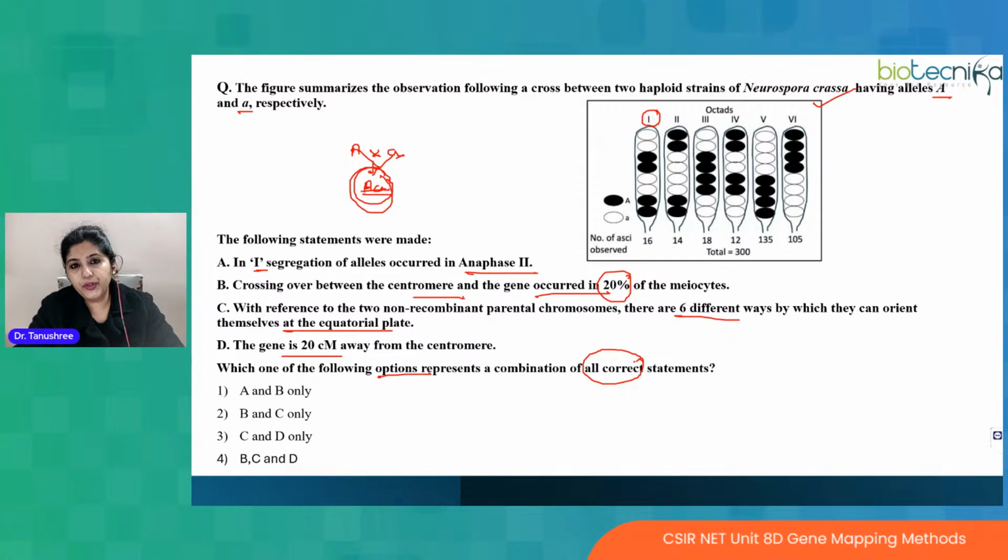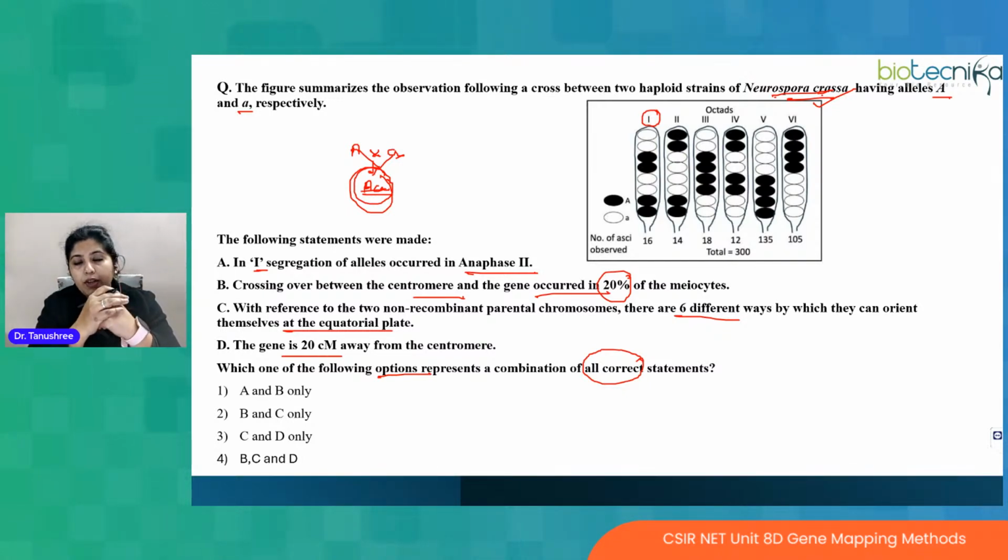Again, here you have to recall the tetrad analysis, and the hint is Neurospora crassa. When you study tetrad analysis, there is a concept of ordered and unordered, right? There are certain organisms which produce an ordered tetrad arrangement, and some have unordered.